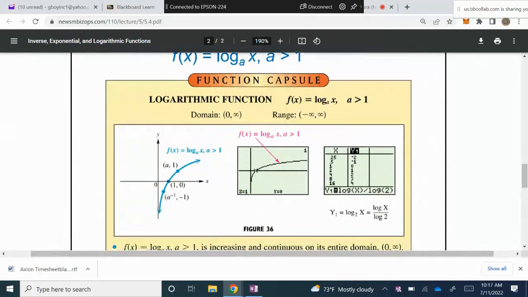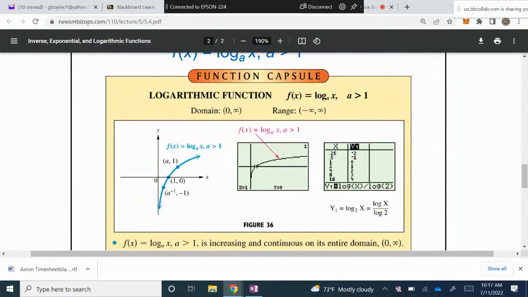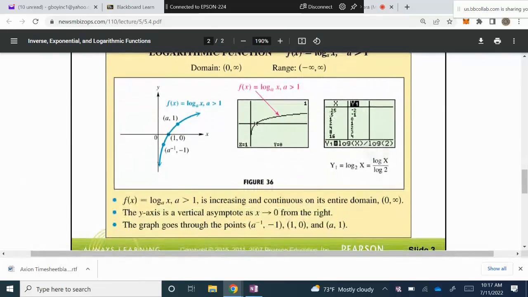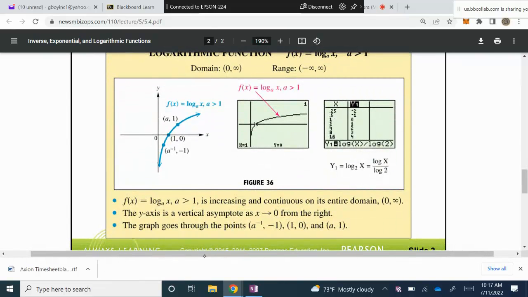All right, so here we have an example of a logarithmic graph. As you read this graph from left to right, notice that the graph is ascending, it's going up. Some facts about the logarithmic function: it's increasing, it's continuous on the entire domain.